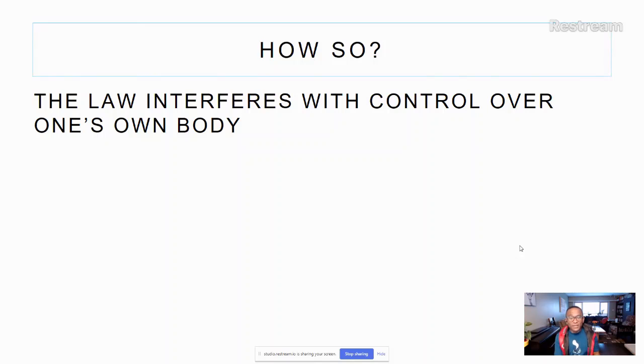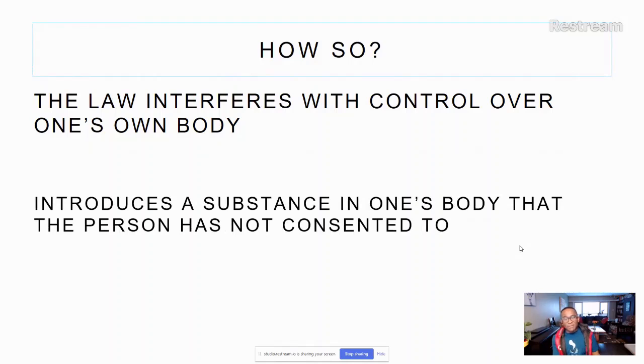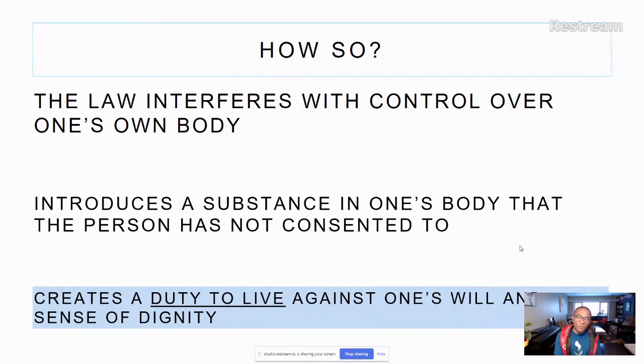If they make a law saying, if you don't get vaccinated, you suffer some penalty, that forces you to deal with your body in a way that interferes with the control of your own body. It may introduce a substance into your body that you have not consented to, because obviously you're a refuser. You're somebody who doesn't want to do it. But it also will create a duty to live against your will and your sense of dignity and your sense of security of your person.